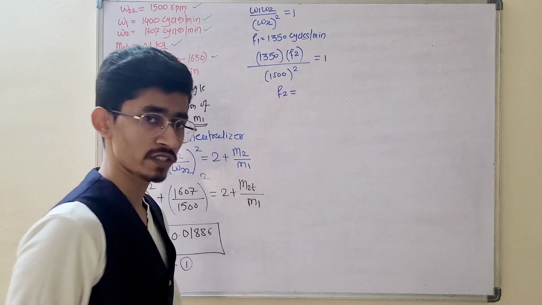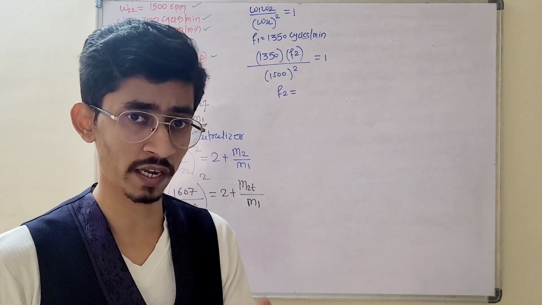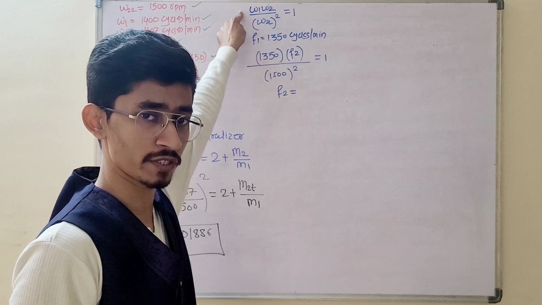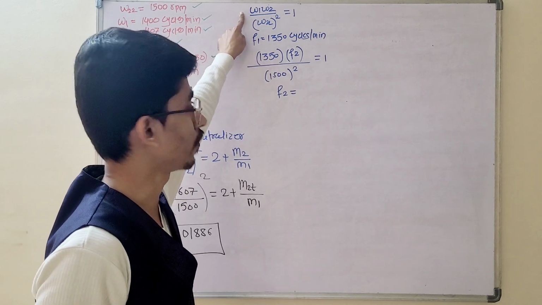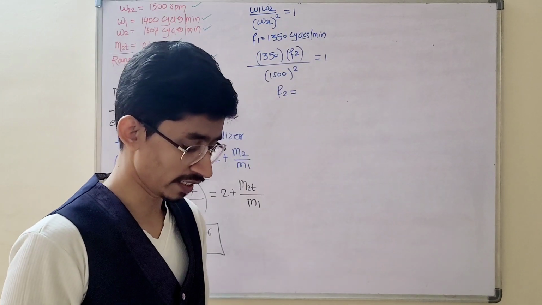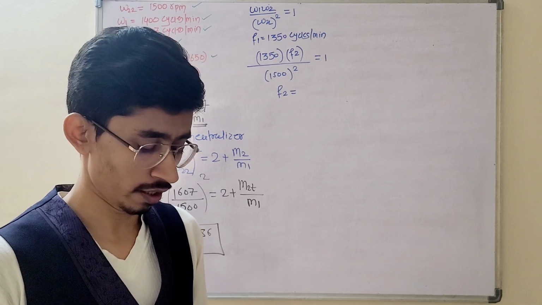After simplification, this is nothing but the frequency calculation. Again we are using end results or formulas. This is the end result we have seen in the dynamic vibration neutralizer: the product of the frequencies divided by the combined system frequency squared is equal to 1. That end result we are utilizing here, and we are finding out what my final frequency f2 will be.